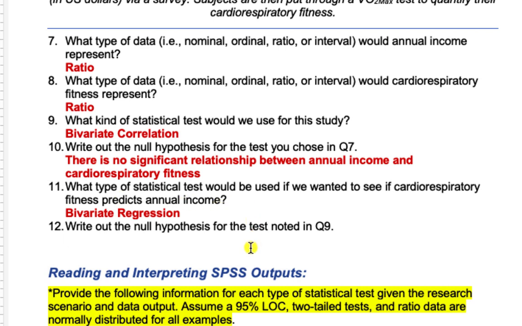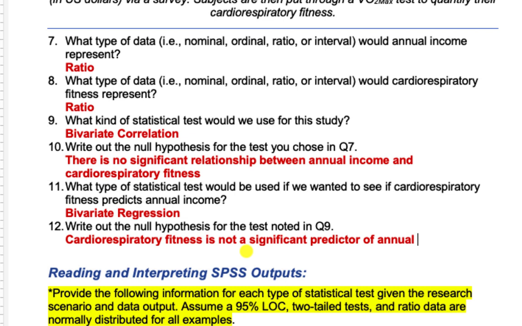So that means our null hypothesis would be that cardiorespiratory fitness is not a significant predictor of annual income. Okay, or that your independent variable in your regression is not a significant predictor of the dependent variable or the variable you're trying to predict.